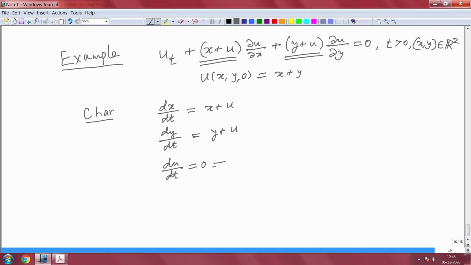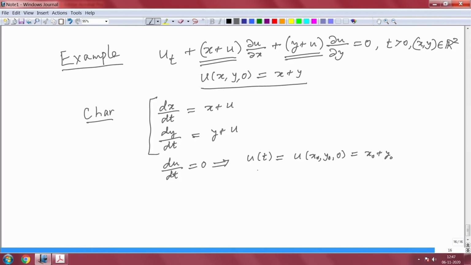So, that implies again, like previous thing, x 0, y 0, 0, and this is by the initial condition. So, this is just x 0 plus y 0. So, x 0 y 0 are the initial conditions for these two equations.